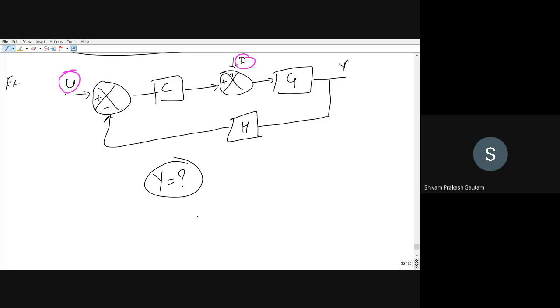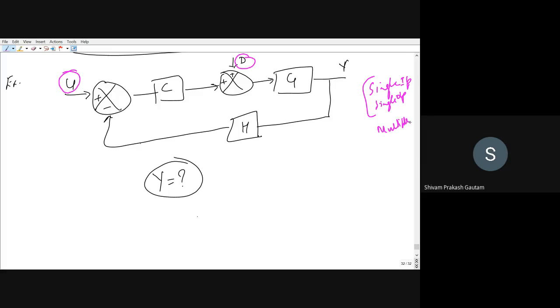Generally in control system, in this semester, we will be only studying single input and single output systems. We will be studying a system which is having a single input and a single output, right? We are not going to study multiple input.